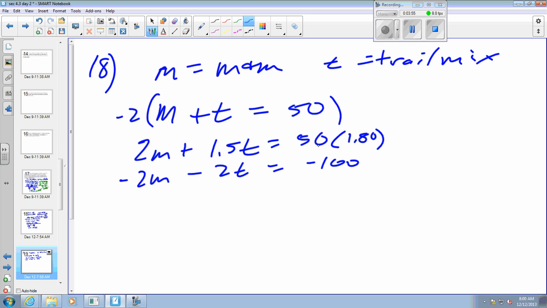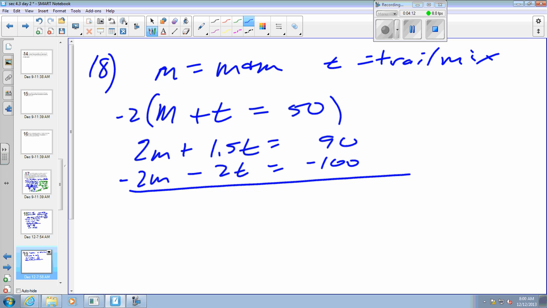Now to do this, I need to multiply 50 times $1.80, and what do I get when I do that on my calculator? $90. Let's add the two equations together. I get -0.5t equals -10. Divide by -0.5.